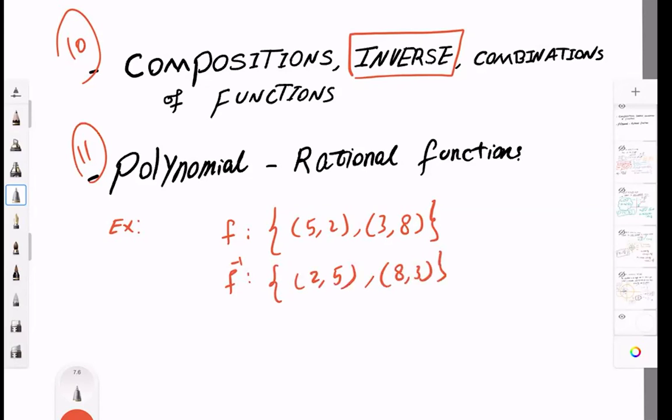If I give you a graph, you're able to make an inverse of the graph by reflecting. Let's say we have a graph like this, and I ask you to graph the inverse. We make a line y equal to x, and we reflect the graph over this line, and we will get f inverse.